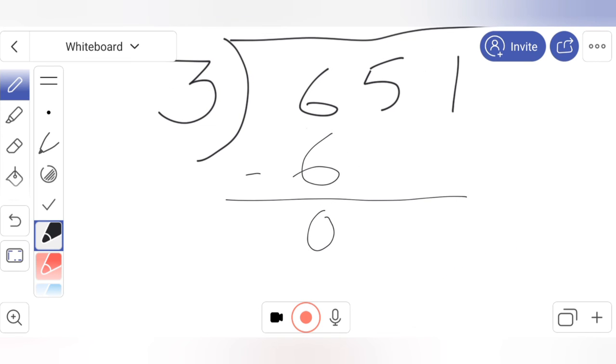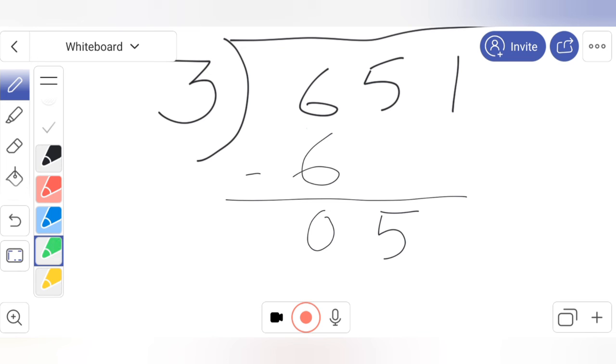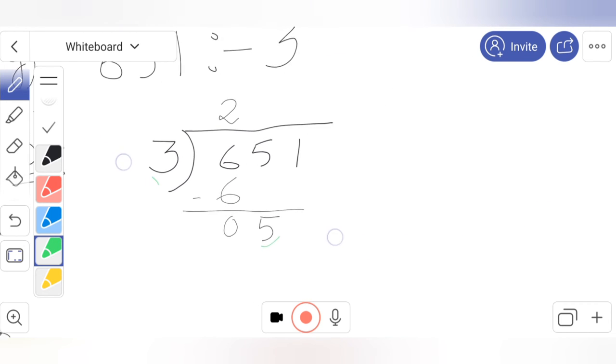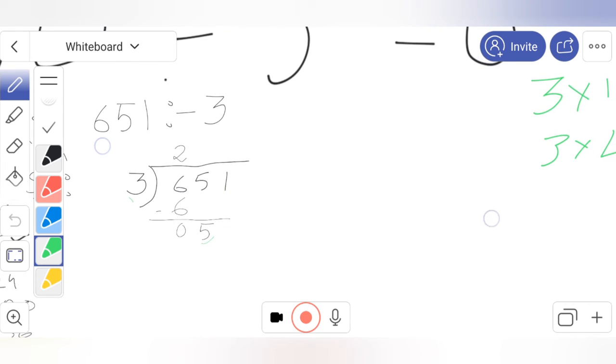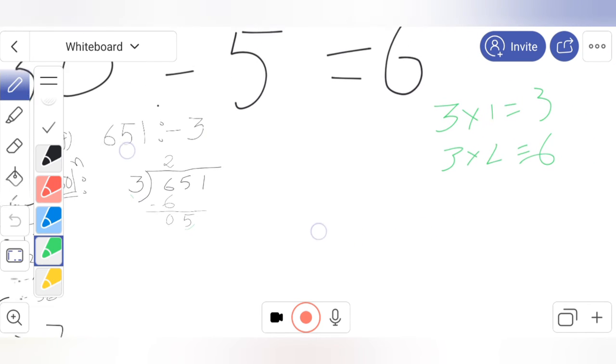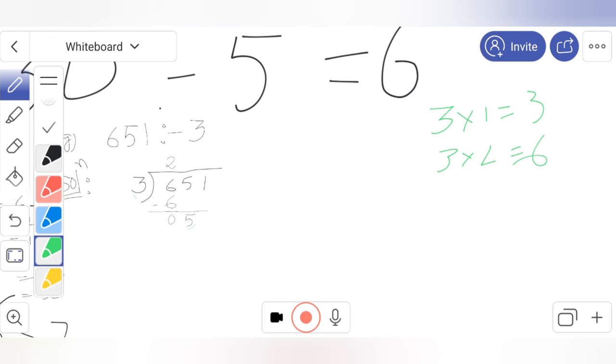Then now after that bring down this 5. Now you have to do 3 and 5. So again you have to go to the 3 table. 3 ones are 3, 3 twos are 6. So 6 is greater than 5. You cannot write 6. So the lesser one is 3.